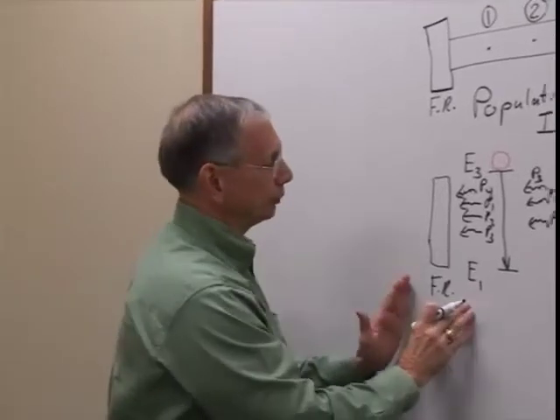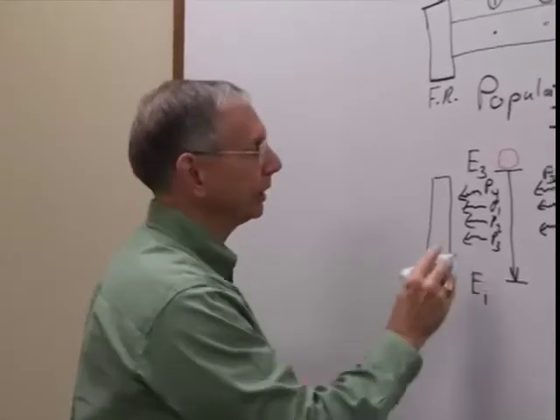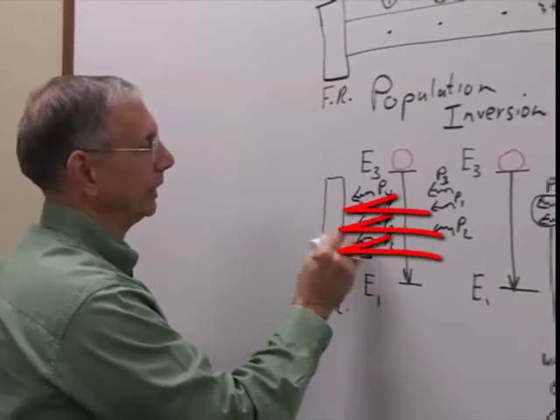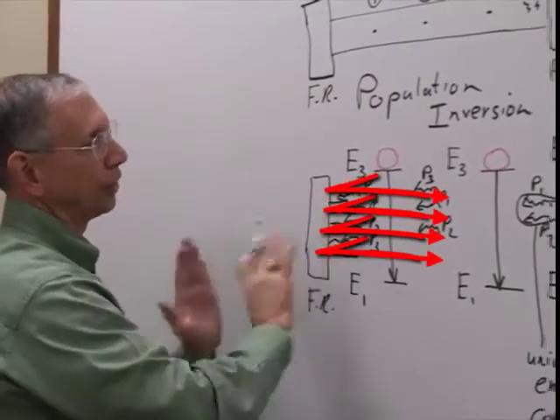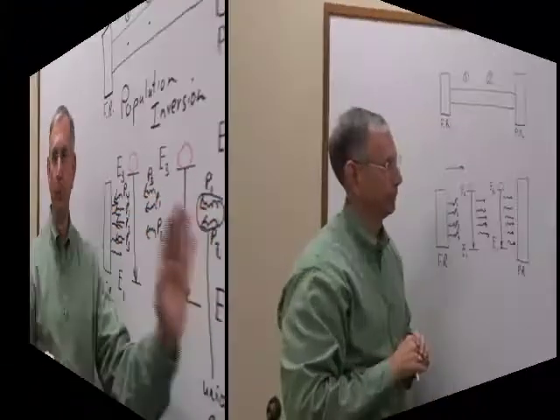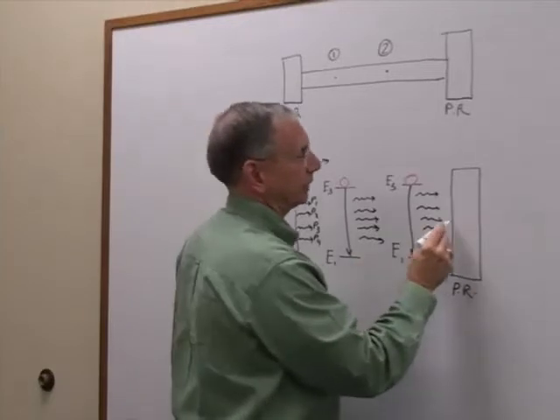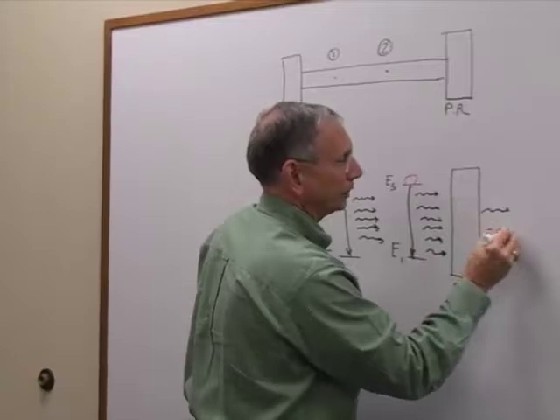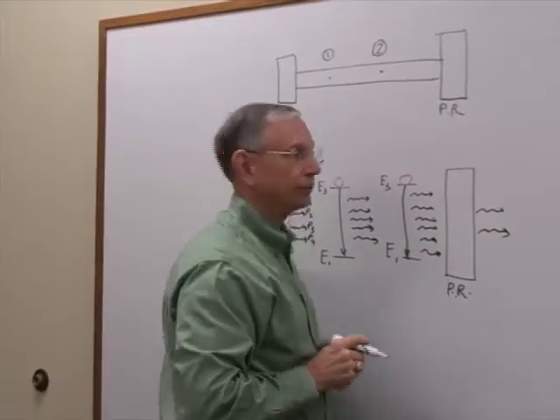Now, as you approach this fully reflecting mirror, these photons will reflect off, change their direction, and start moving back into the optical cavity again. At the very end of this process, here's a partially reflecting mirror. Some of these photons are going to escape out.